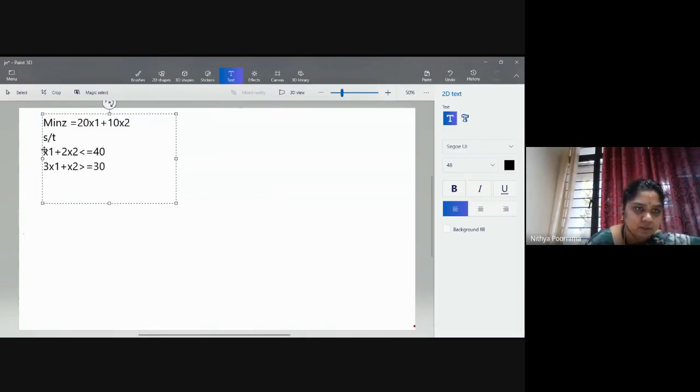I will just complicate the problem by giving 4x1 plus 3x2 greater than or equal to 40, x1 comma x2 is greater than or equal to 0. This is the problem.